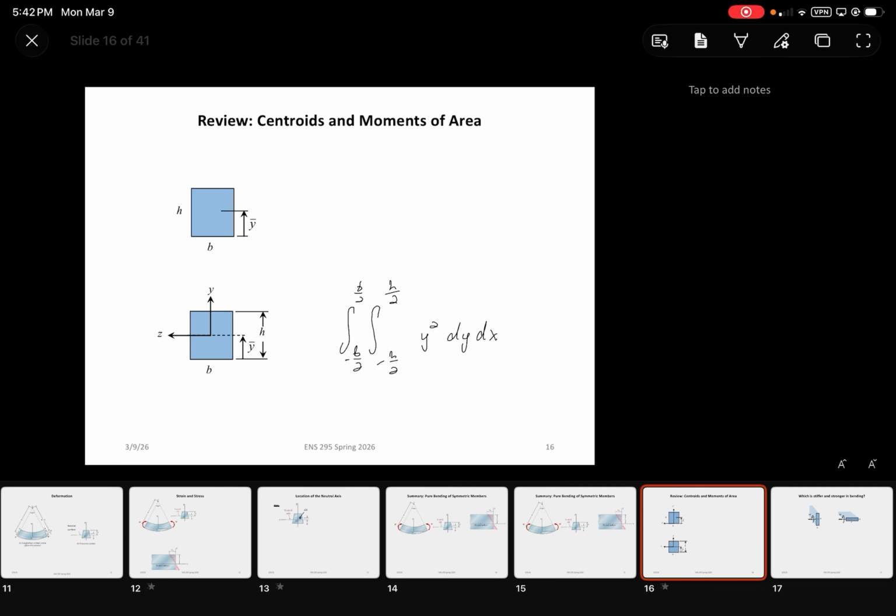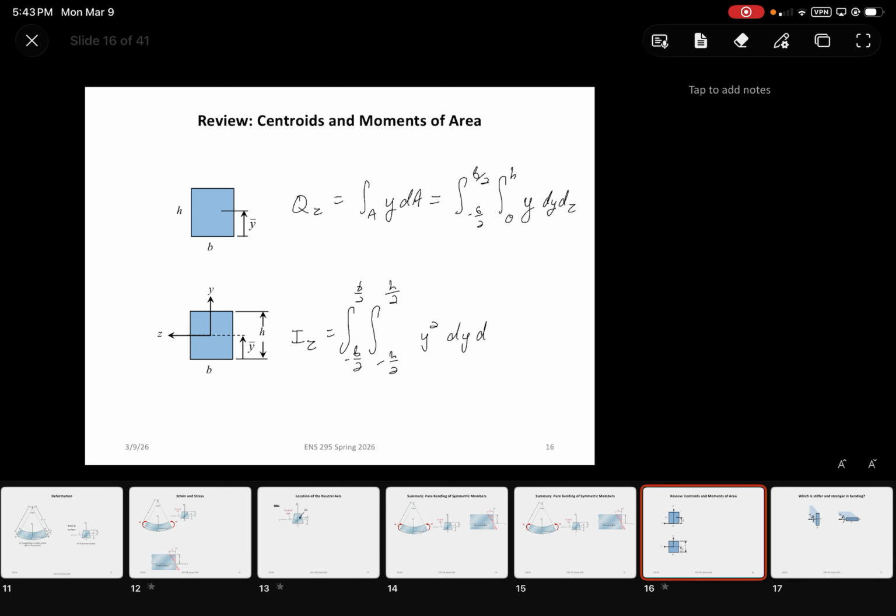And now our first moment of area, which is what I was trying to explain earlier, our Qz, is just the integral of y dA, which is going to equal the integral from negative b over 2 to b over 2, integral from 0 to h of y times dy dz.